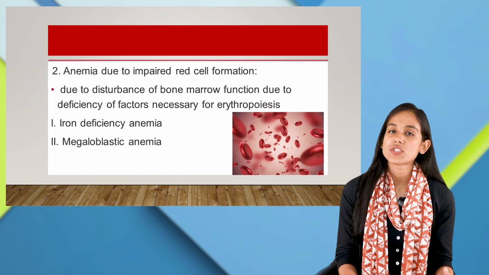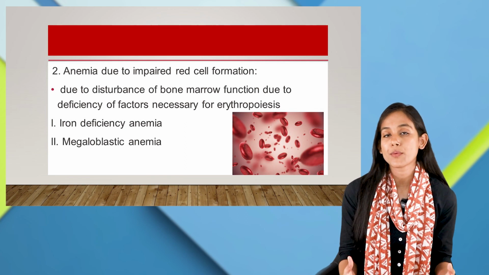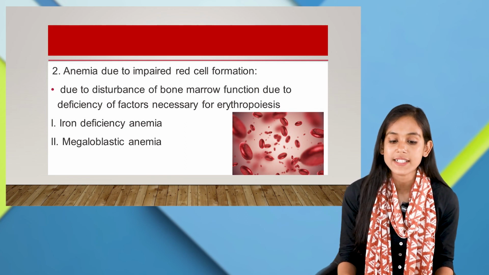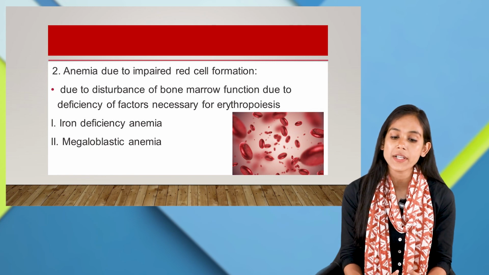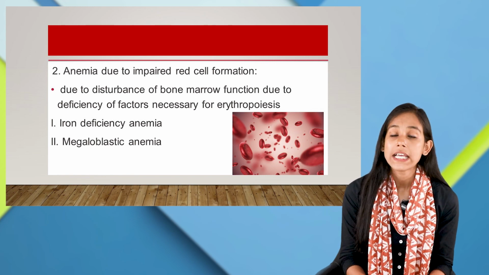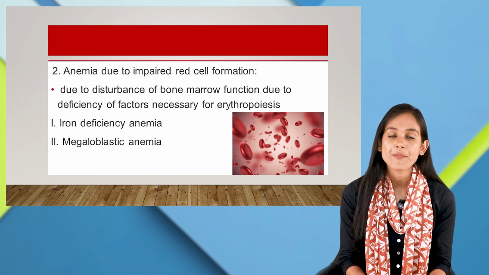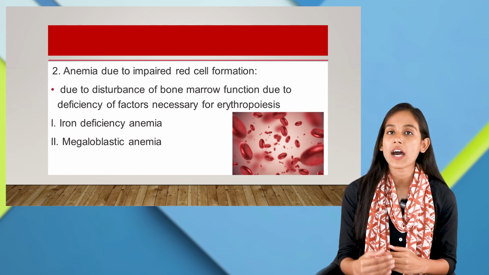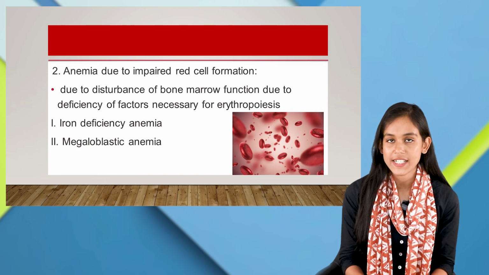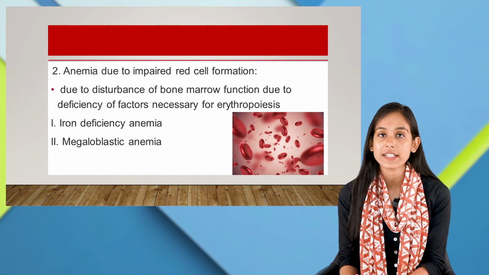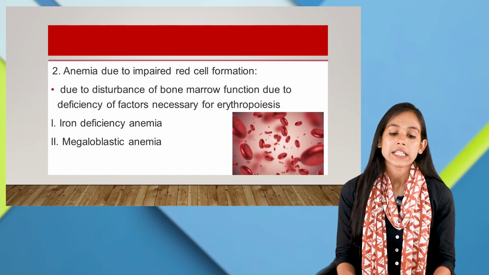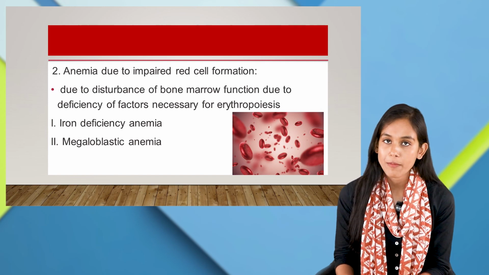Now the second one is due to impaired red cell formation. Here also we have two things. First is disturbance of bone marrow function due to deficiency of factors necessary for erythropoiesis. So there are certain factors required for erythropoiesis, and if there is deficiency of those factors, there would be disturbance in the bone marrow function.